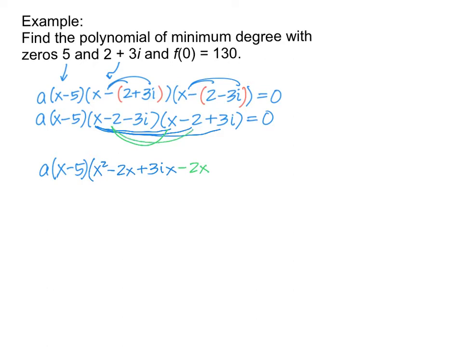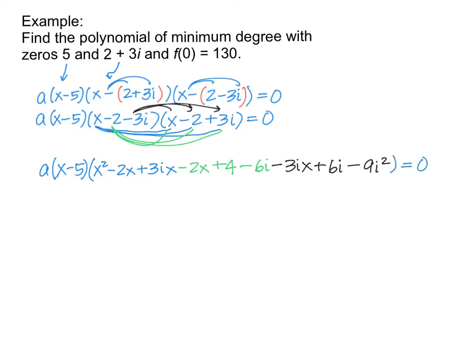Negative 2 times negative 2 is plus 4. Negative 2 times 3i is minus 6i. I'm going to use one more color, I'll use black. Negative 3i times x is minus 3ix. Negative 3i times negative 2 is plus 6i. And negative 3i times 3i is minus 9i squared. All right, close that parentheses, equal to 0.